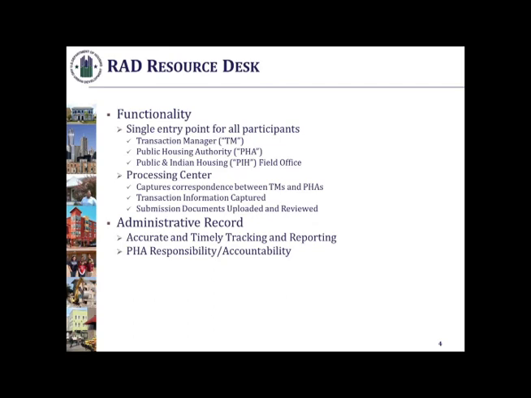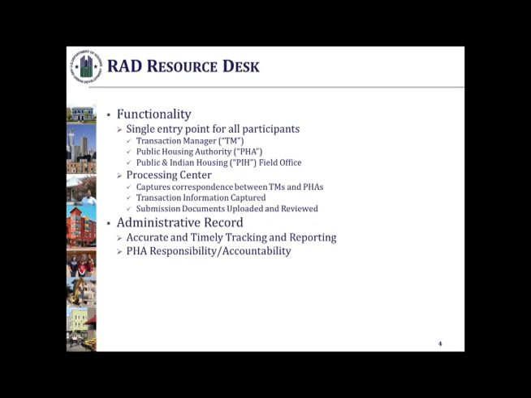Again, to remind you, you as a Readiness Transaction Manager can only see the transactions that you have been assigned. The PHA that you're working with can only see the transactions that they have applied for. So if they've only applied for one conversion, they'll see one transaction. If they've applied for multiple conversions, they'll see those multiple transactions. But they cannot see any other PHAs.